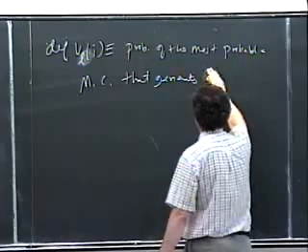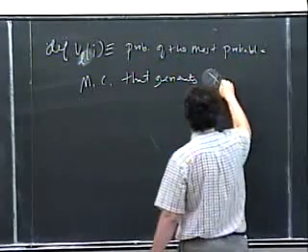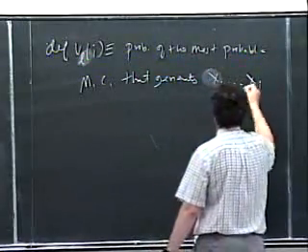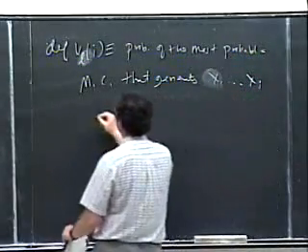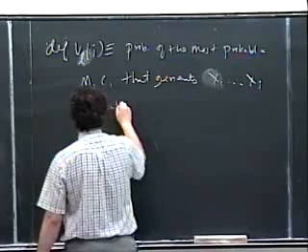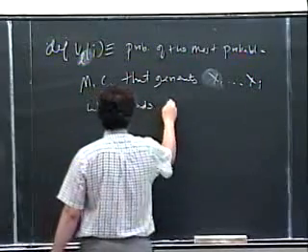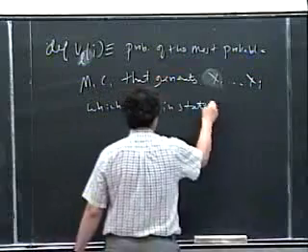Well, actually, it generates X1 through Xi, just the first i symbols of S, which ends in state L.